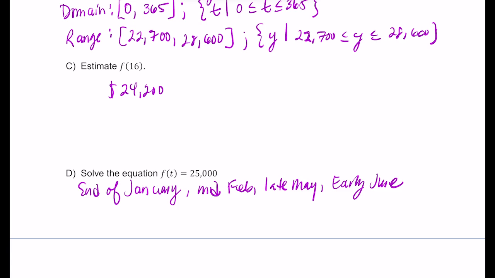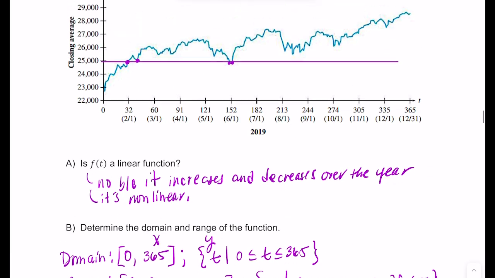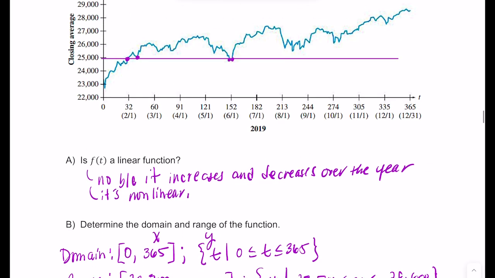So we may not know specific examples, but there's definitely not a unique solution because there's around 4 different places where the closing cost, or the closing average, was $25,000.